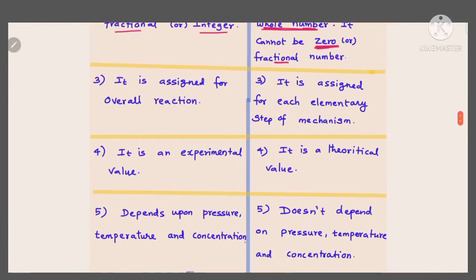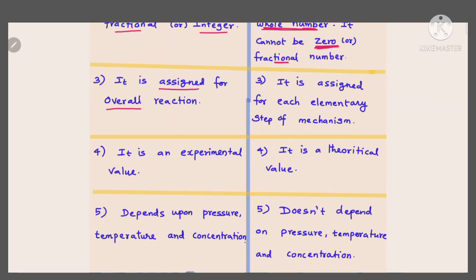Then order is assigned for the overall reaction. Suppose you have a multi-step process; for the whole reaction you can give only one order, that's all. Only one order is available for a particular reaction.